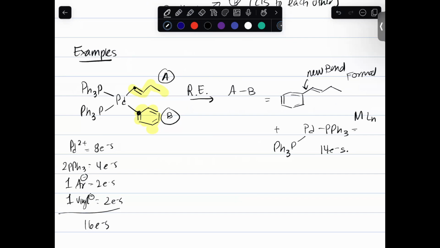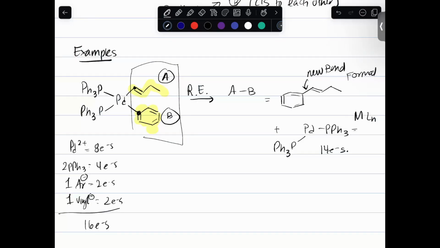That's our reductive elimination. Notice how they have to be cis to each other. Okay. Now, the beauty of this is, of course, that you're forming a carbon sp2, carbon sp2 bond, this new bond, and it is incredibly rare, almost impossible to do this without a transition metal, right? You rarely, if ever, form carbon sp2 bonds without a transition metal.